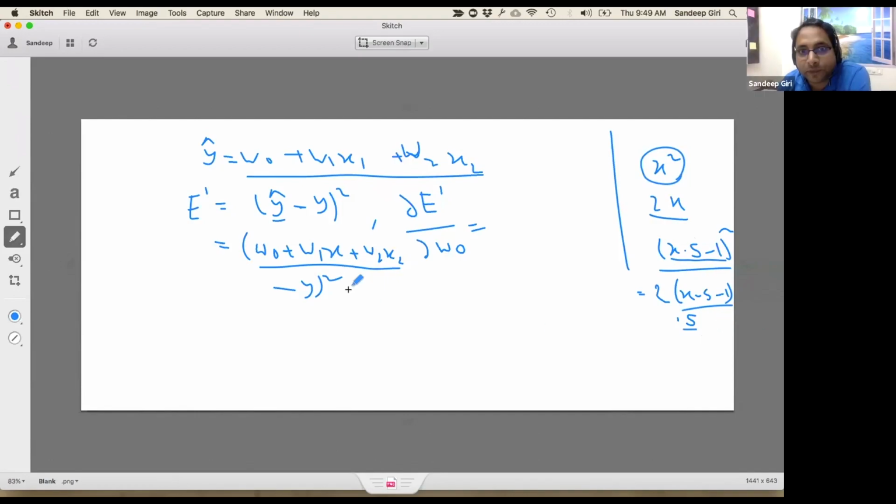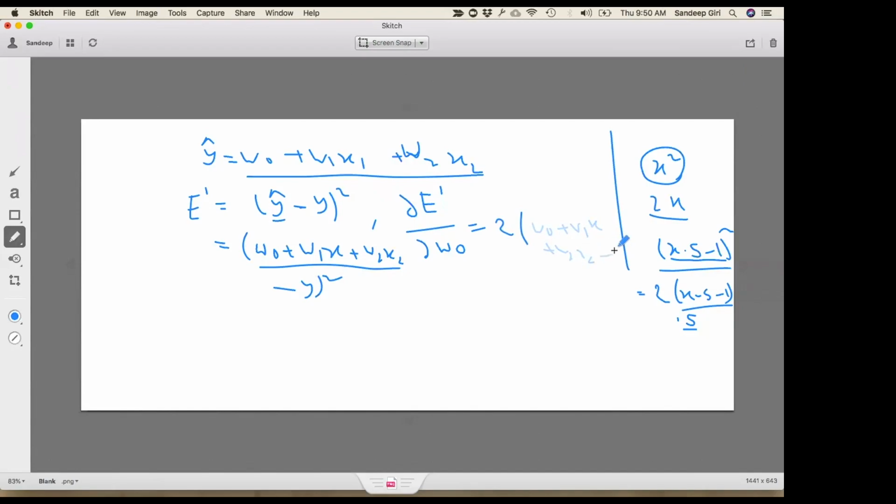So here we are doing the same thing. Basically this weight is coming out. When we differentiate this with respect to W naught, we get twice of this value, whatever is in the brackets: W naught plus W1 x plus W2 x2 minus y.